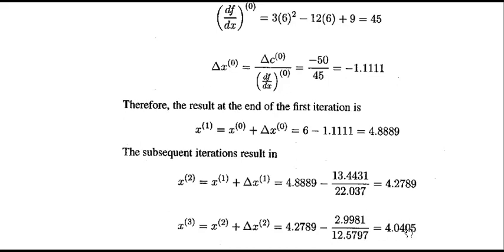Del C0, you have to check whether you have got this value, del C0 2.99 or anything else. Then apply that 4.0405 for the next iteration.